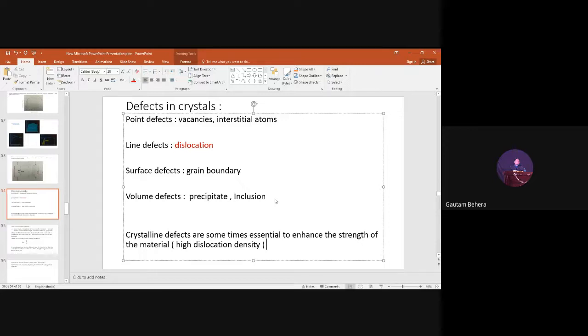Do you people remember the dislocation density formula? Or what is the meaning of dislocation density? These are some examples.